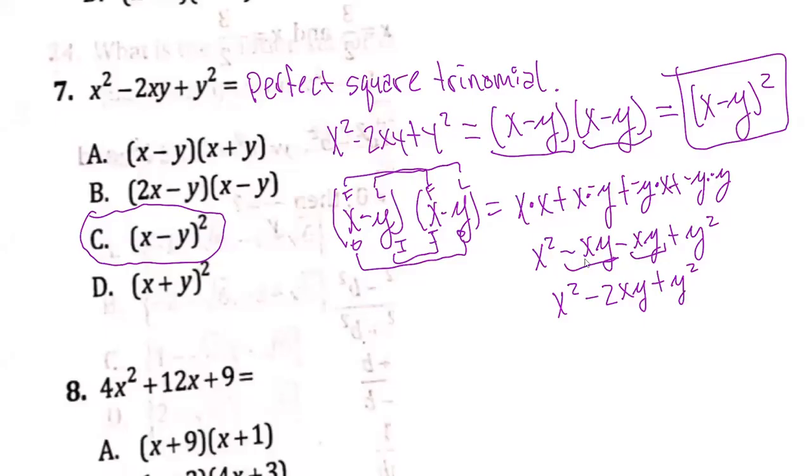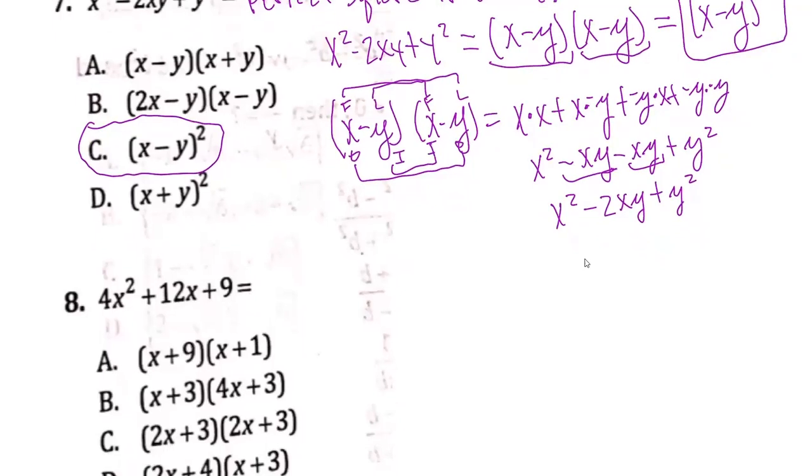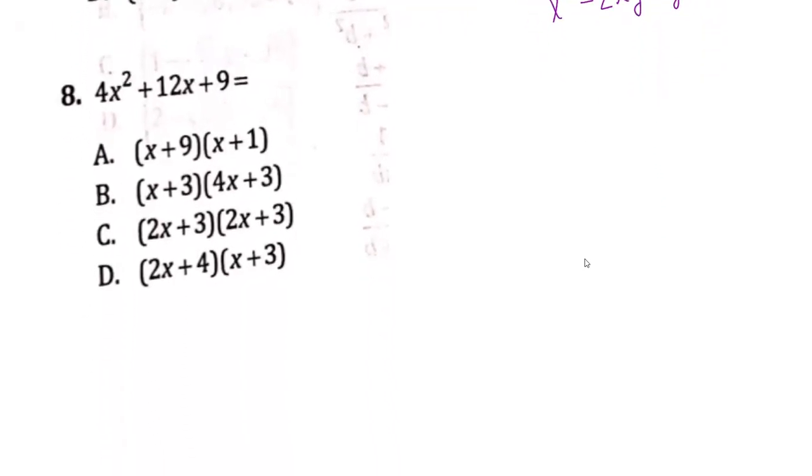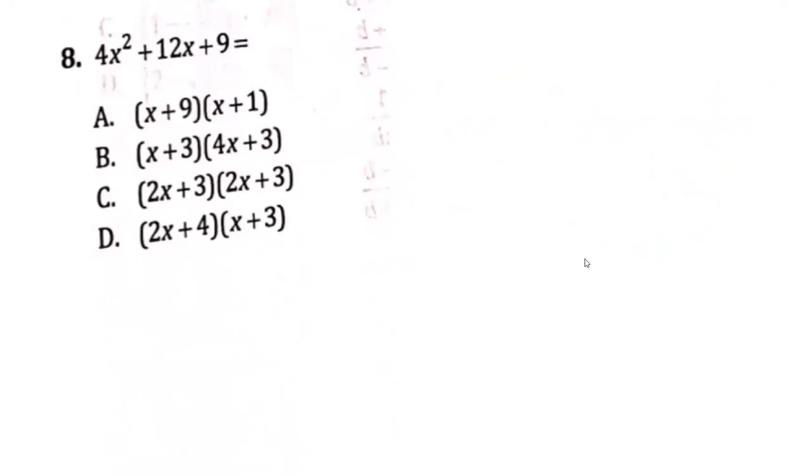All right, well, let's finish with this one, right? So here we gotta factor. So again, we're gonna use the AC method here. So my A here is 4, my B here is 12, and my C here is 9.